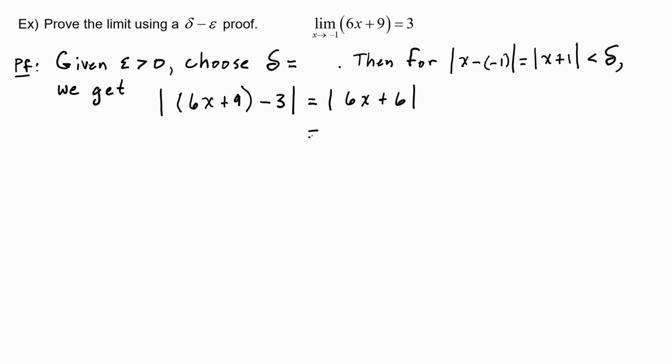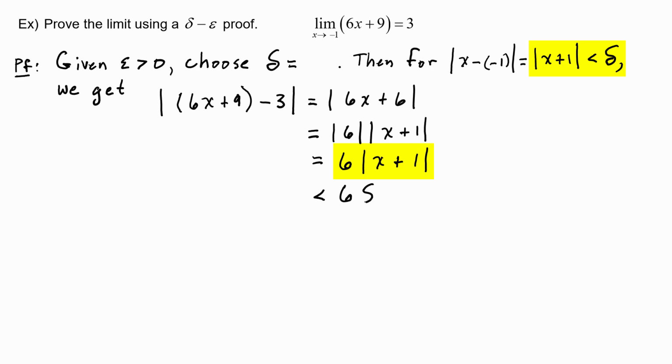We can factor out the coefficient of the x term, so factor out absolute value of 6, and you would take that times absolute value of x plus 1. We know that the absolute value of 6 is 6, and we're multiplying that times the absolute value of x plus 1. Now we know that absolute value of x plus 1 is going to be less than delta, so this expression will be less than 6 times delta.